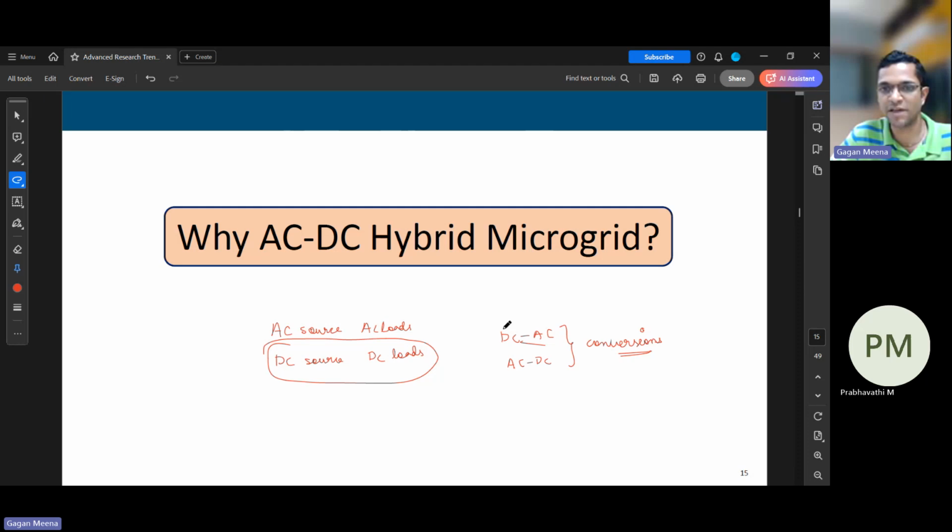These will be required for AC loads, and for an AC source supplying the DC loads. So these stages I can avoid. You can avoid these AC, DC, AC and DC, AC, DC conversion stages.